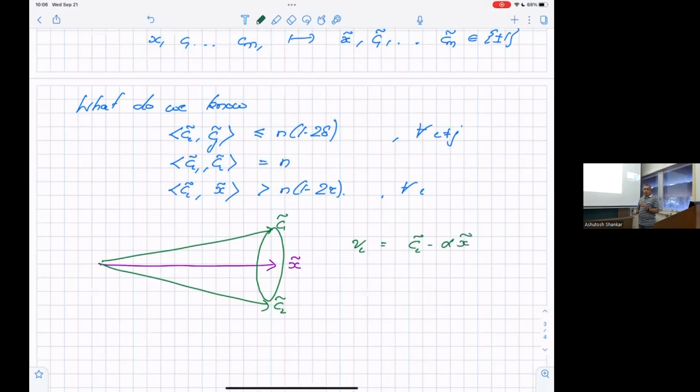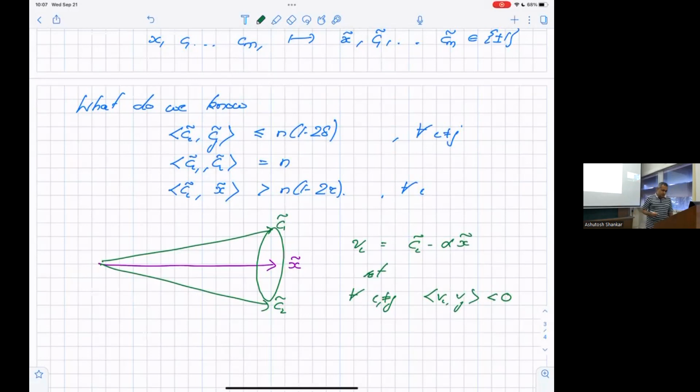We'll choose a suitable alpha such that for all i not equal to j, vi dot vj is less than 0. If I can manage to do this, I can appeal to the geometric lemma and say the number of such vi's has to be at most n plus 1.